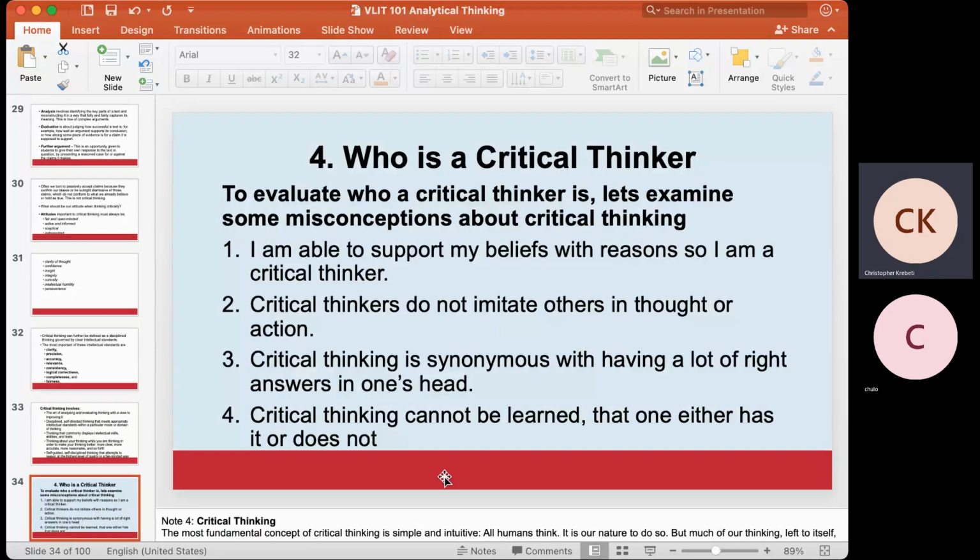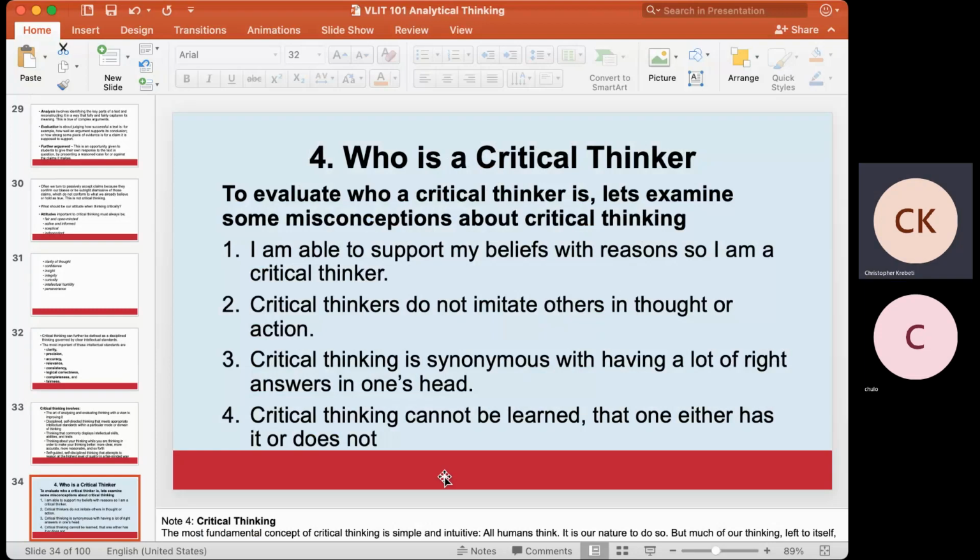So then, who is a critical thinker? First of all, to evaluate who a critical thinker is, I want us to look at some misconceptions about critical thinking. Now, it is a misconception to say, I am able to support my belief with reason, so I am a critical thinker. It is not true.